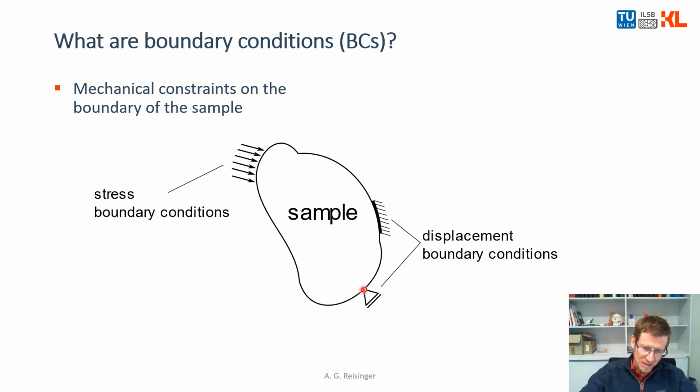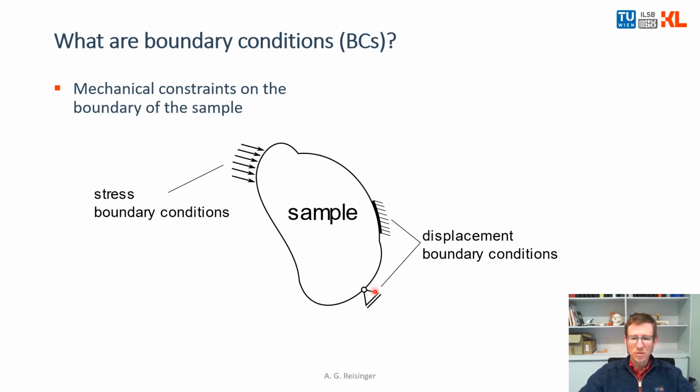So this is some small area that is gripped by this bearing, by this slider, and this can move in this direction, but not perpendicular, so not in this direction. This is also a type of displacement boundary condition. That means displacements in these directions are 0, and displacements in this direction are open, are free.